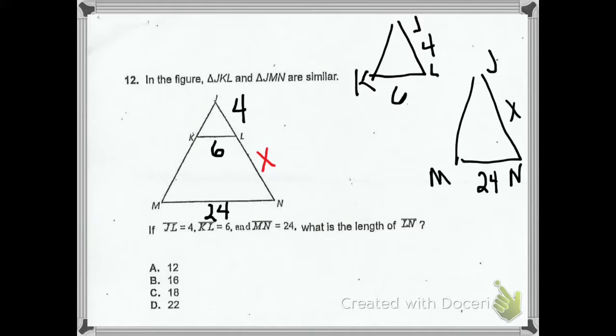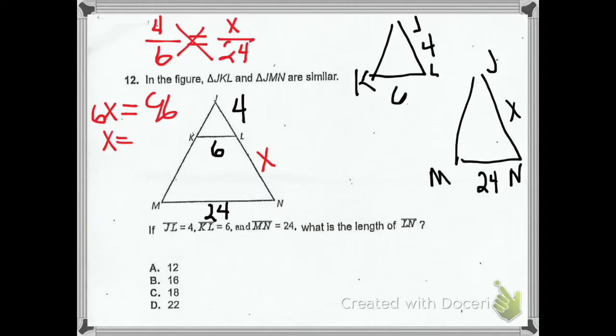So I'm going to use proportions because the triangles are similar. And so I'm going to say 4 is to 6 because they're in the same triangle, as X is to 24. And when you cross multiply, that's going to give me 6X equals 96.